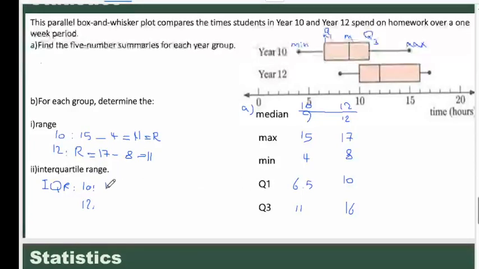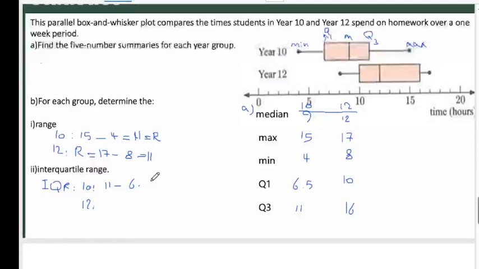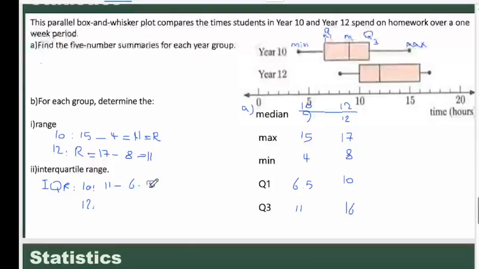So for 10 year would be 11 minus 6.5. That gives me 4.5. And for the 12 would be Q3 minus 10. So with 16 minus 10 would be 6.